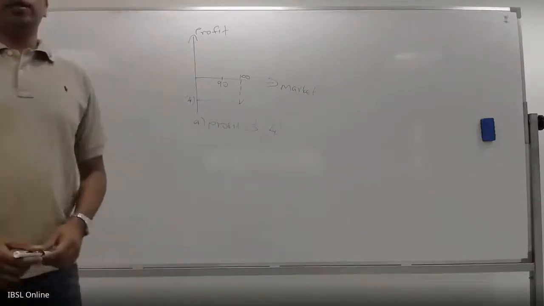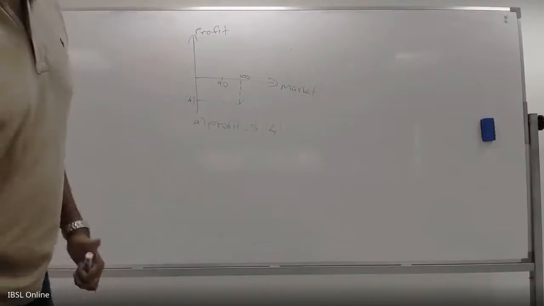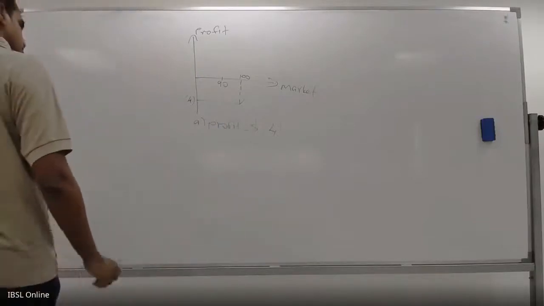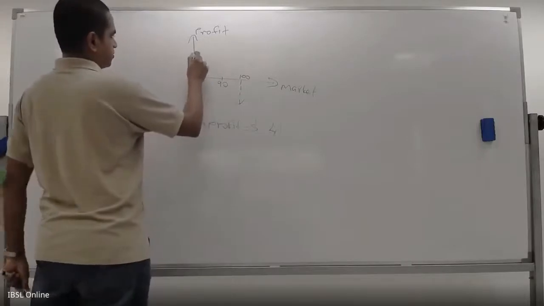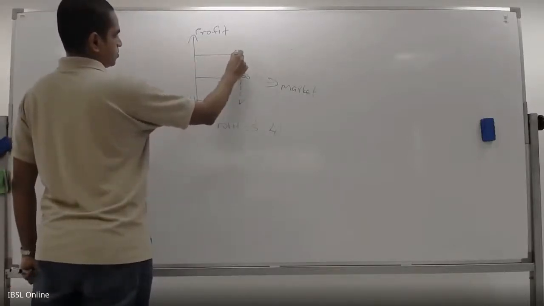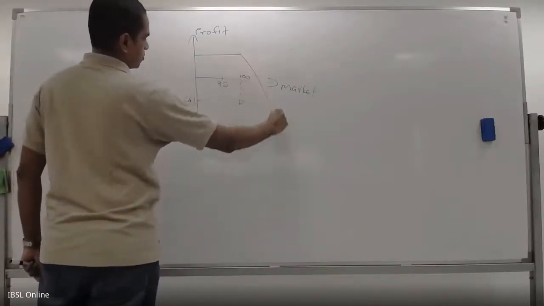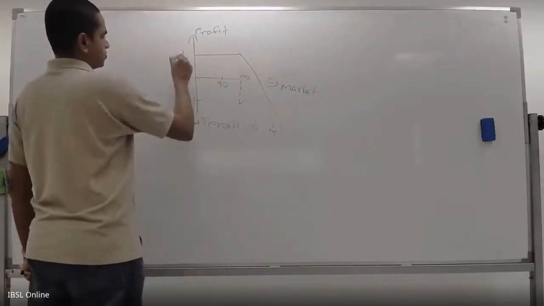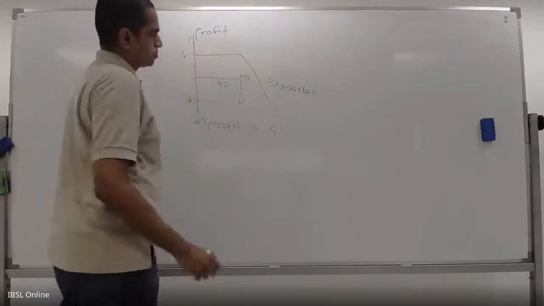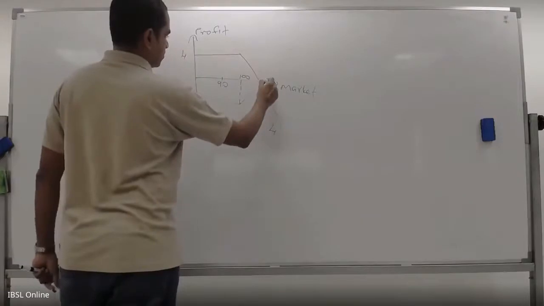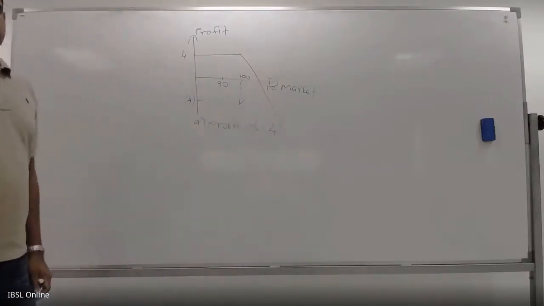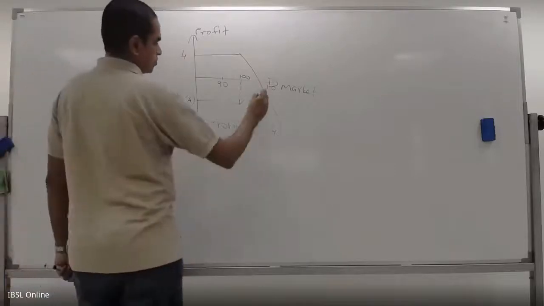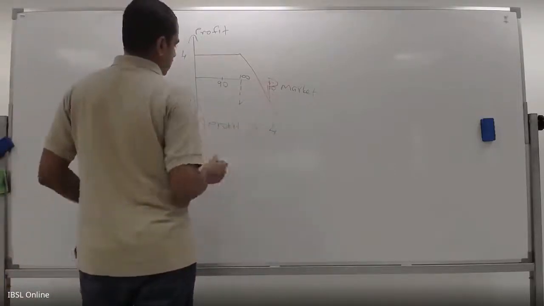Next one, you are short. Strike price 100, premium 4. What happens when you are short? Market is 110. What happens when this is 110?